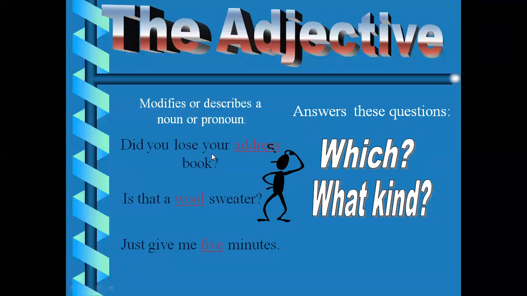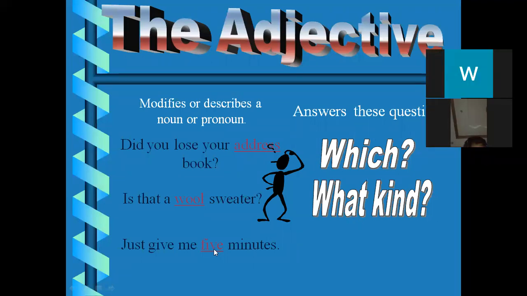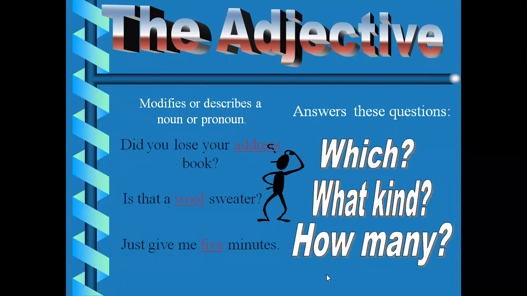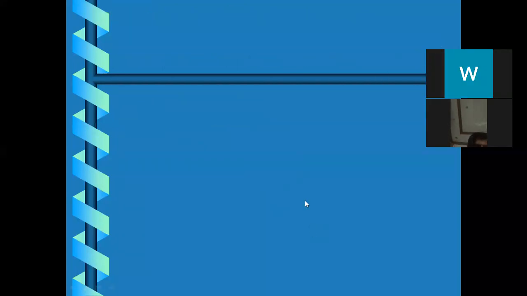Did you lose your address book? The word address answers the question which. Is that a wool sweater? The word wool here answers the question what kind. Five here is a number, so five is an adjective. It answers the question word how many.